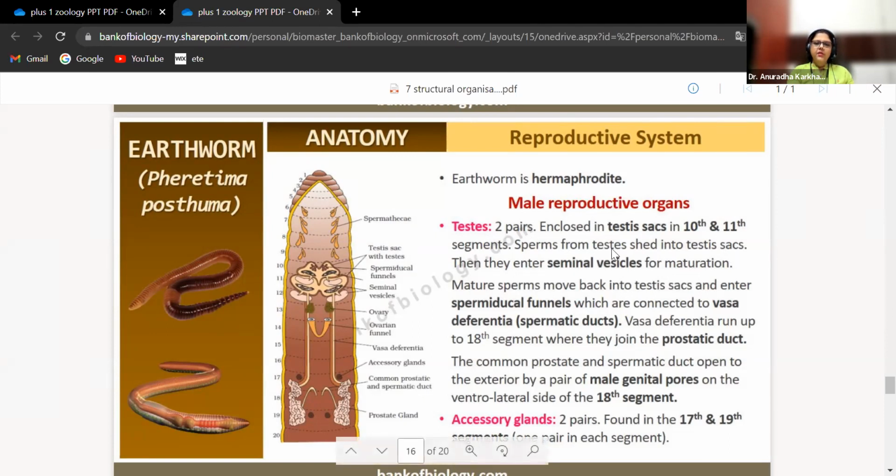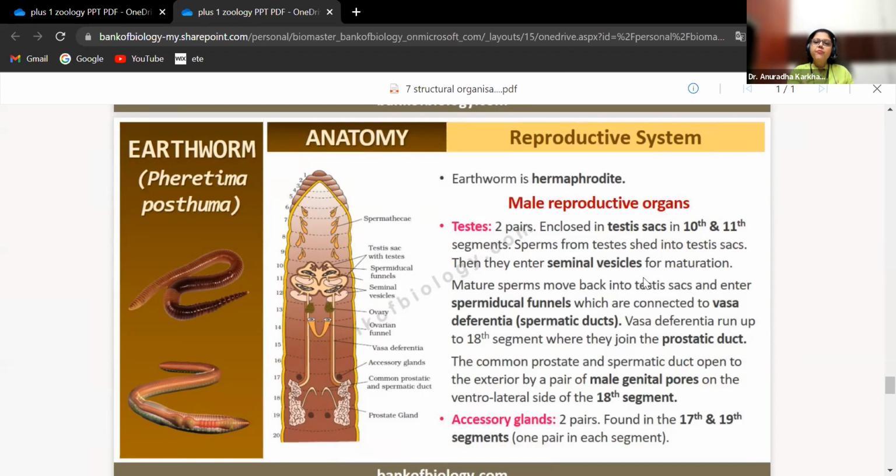So see, these testes are present in the 10th and 11th segments. The spermatozoa that are formed will be released into the sacs. Then they will enter the seminal vesicles for maturation.